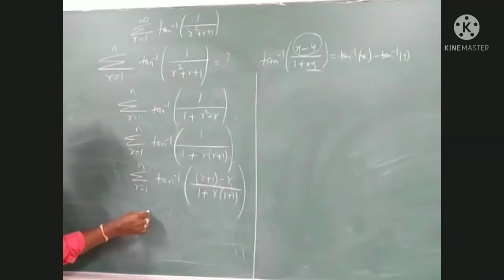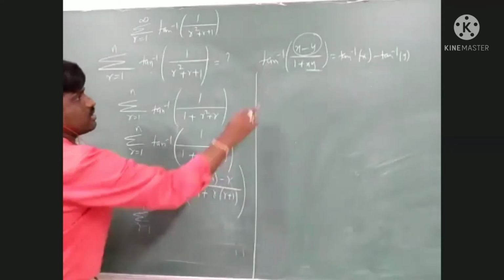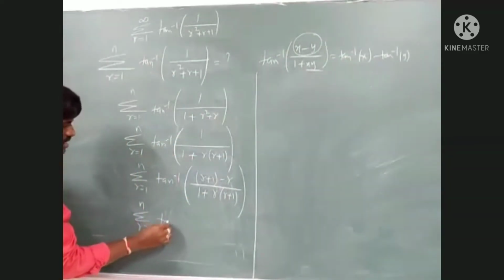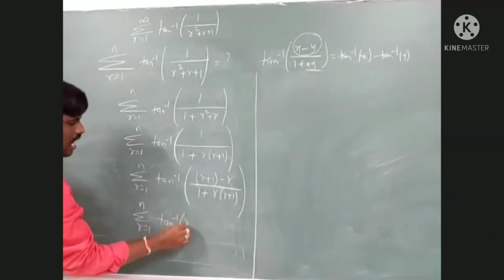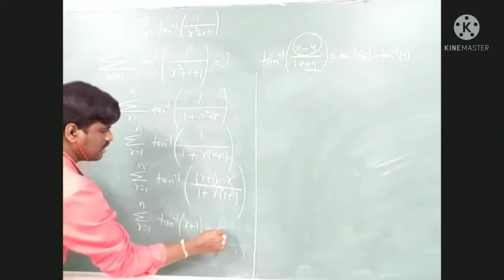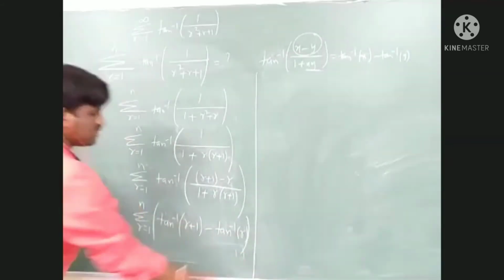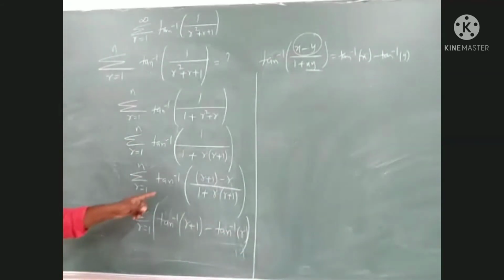According to this formula, tan inverse x minus tan inverse y, I can write tan inverse (r plus 1) minus tan inverse r. Okay, did you understand these steps? Everybody, did you understand these steps?